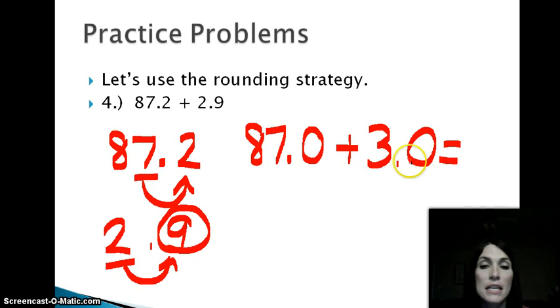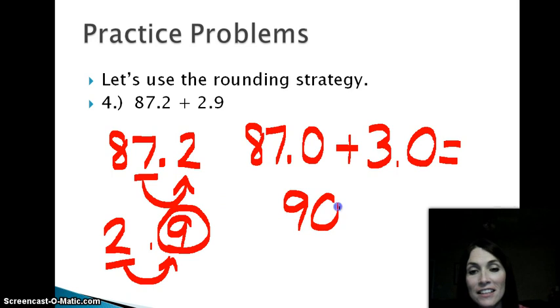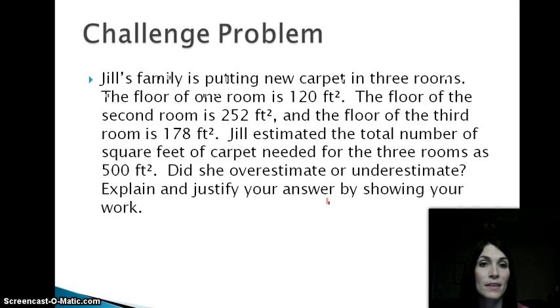And I can very easily figure out that 87 plus 3 is 90. So that was another practice using the rounding strategy. So now we have 2 strategies in our toolbox for estimating, rounding strategy and compatible number strategy. We are ready for the challenge problem.